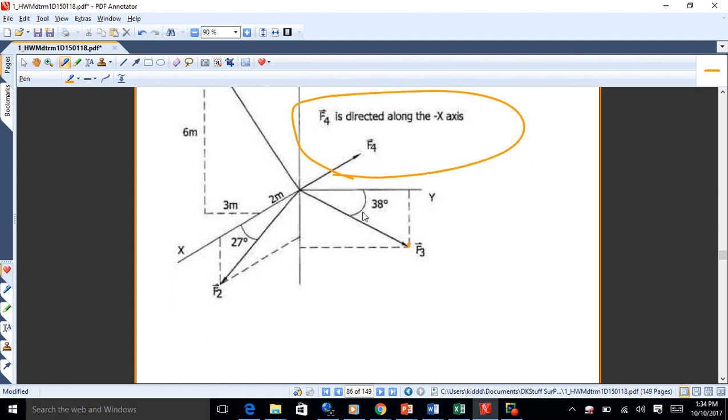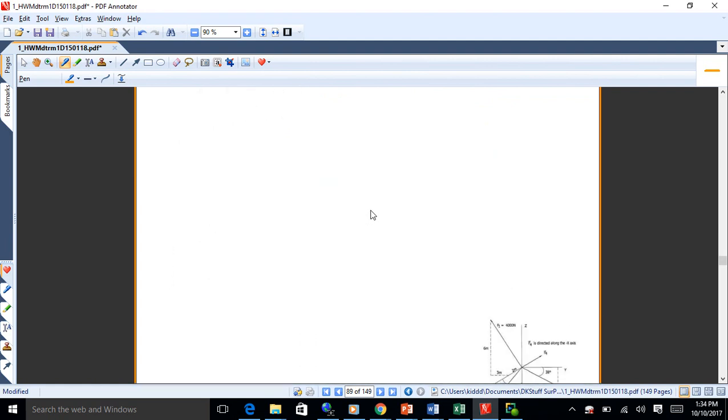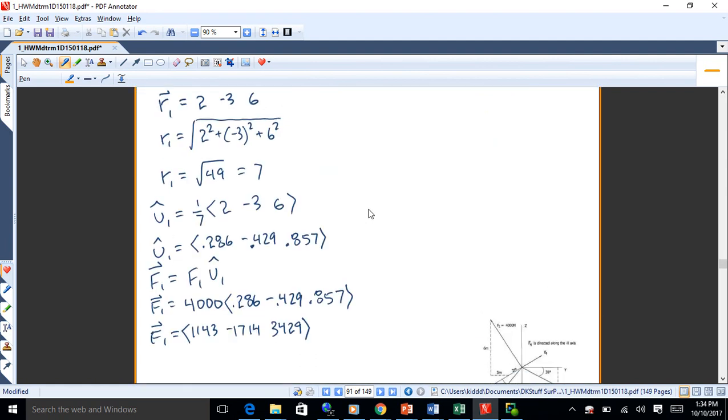Once you have everything made into a vector, here's the deal on F1. Get the vector itself, which is 2, -3, 6. Take the square root of the sum of the squares and get 7. Divide through by that to get a unit vector and scale it up by 4,000, and you'll get F1. So that's where you would start. So that's F1.